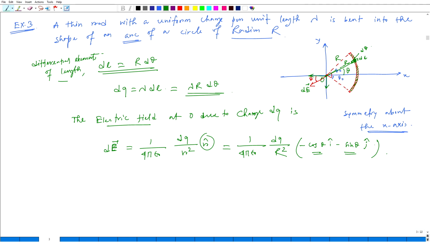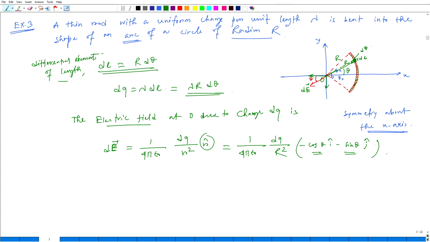Then we can calculate the total electric field due to the arc. We integrate theta from minus theta naught to plus theta naught, because we consider anti-clockwise as plus sign and clockwise as minus sign.